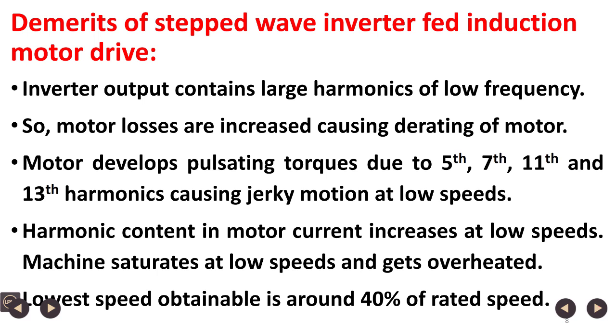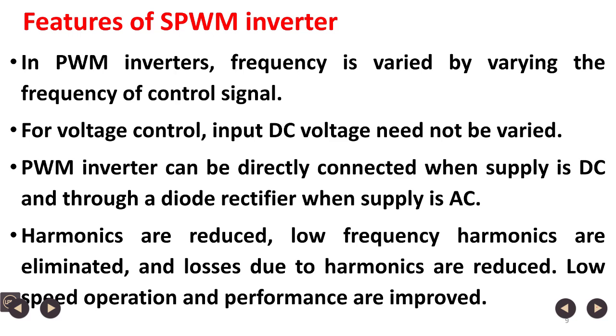So, for high speed operation, harmonics are not disturbing, but at low speeds harmonics play a dominant role. So, the machine cannot be operated at very low speed due to harmonics from a stepped wave VSI. Lowest speed obtainable is around 40% of the rated speed. Below that, it is not possible to operate.